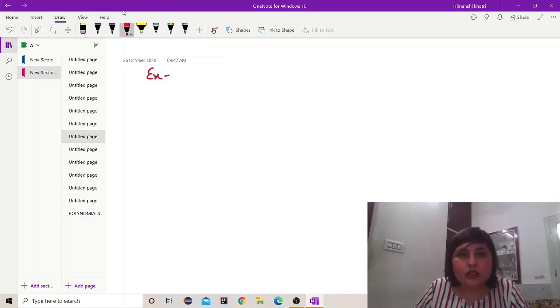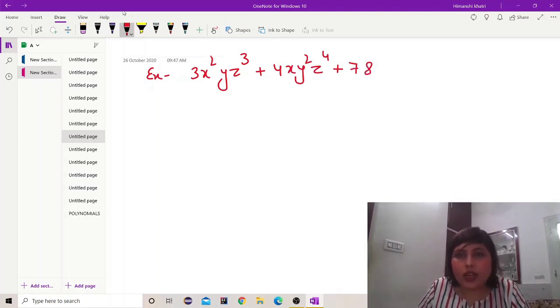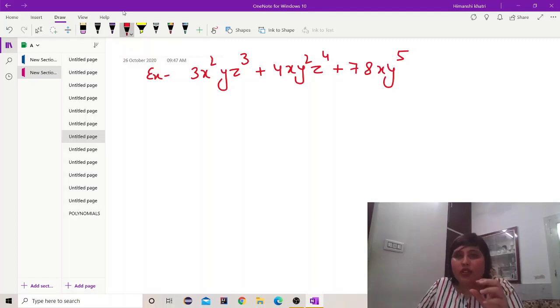See here, 3x square y z cube plus 4xy square z to the power 4 plus 78x to the power 5y. Okay, so this is our question in which 3 terms are given. What we have to do? We have to find the degree of the polynomial. So we'll identify which term has the maximum number of variables.